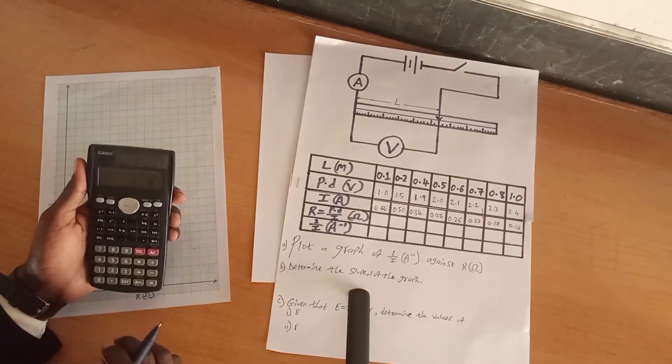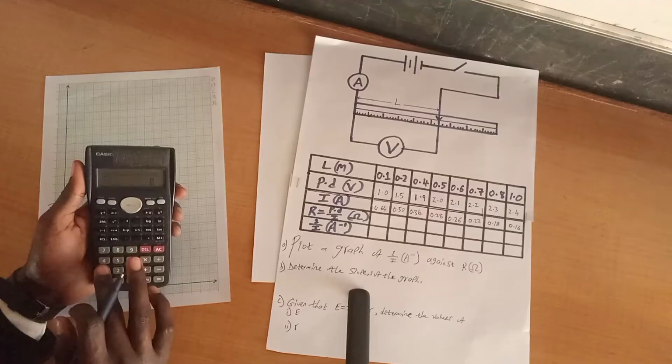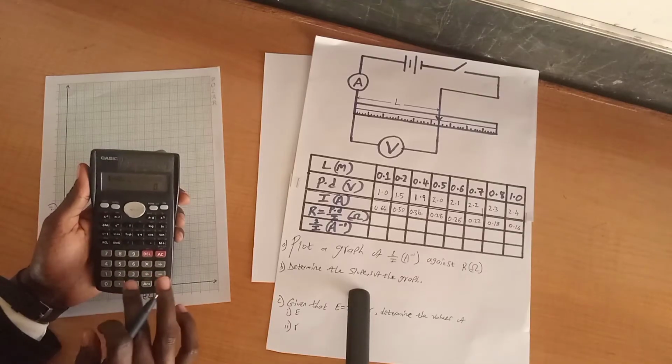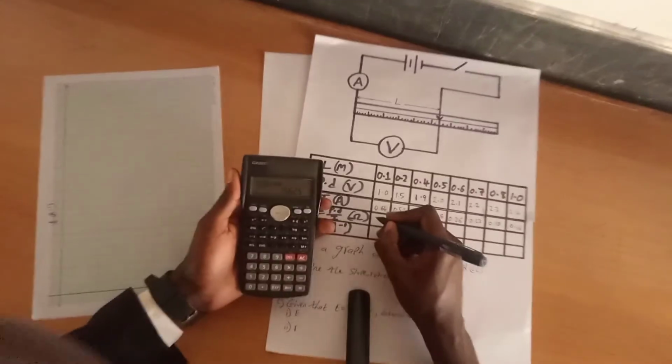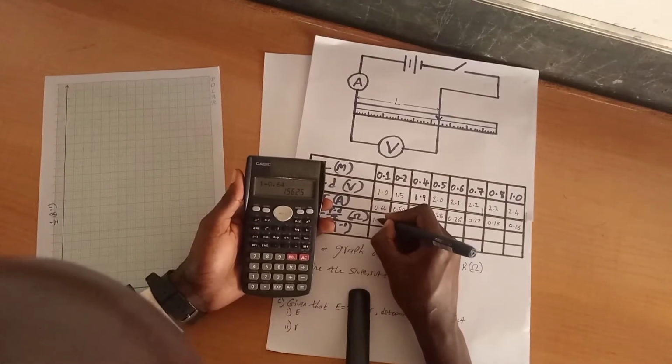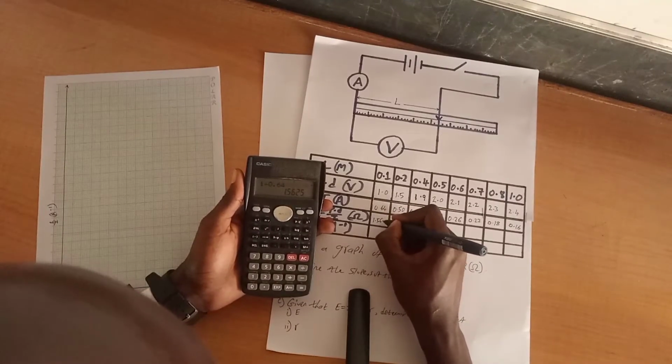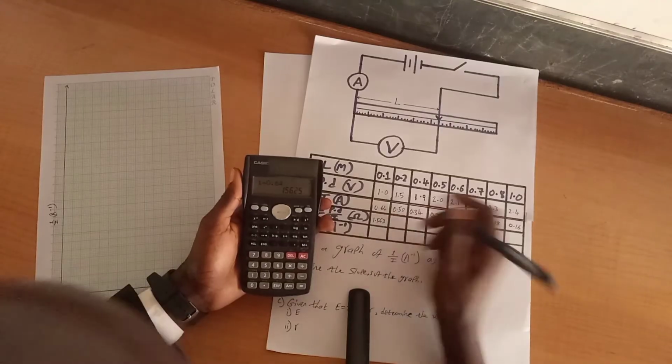So resistance is voltage over current. 1 divided by 0.64 gives us 1.563.